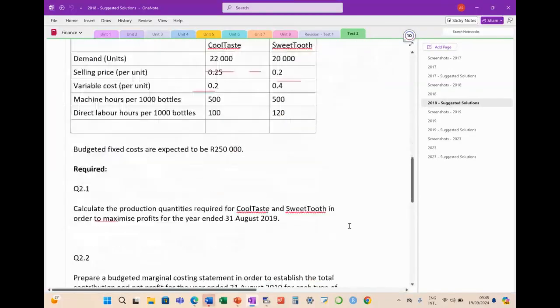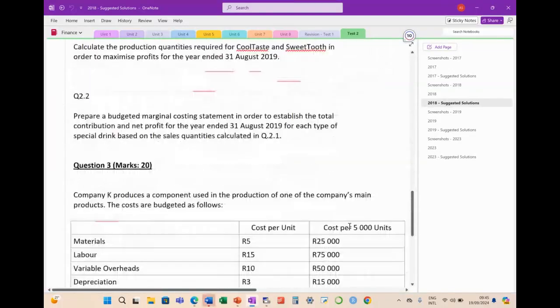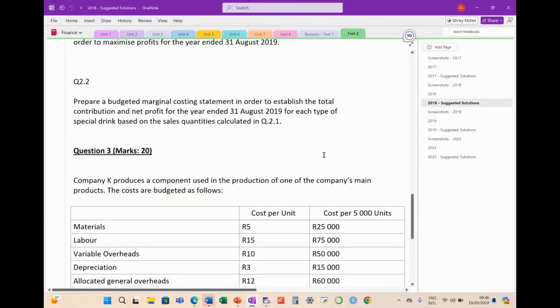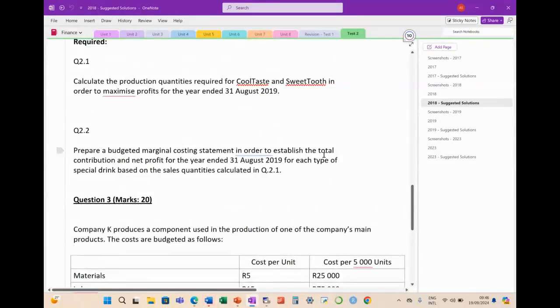So obviously using that as our guiding light to say which one gives us the most contribution per production capacity. Then here, prepare a budgeted marginal cost statement in order to establish the total contribution and net profit for the year. Okay, so I know we've done that in one of the questions.